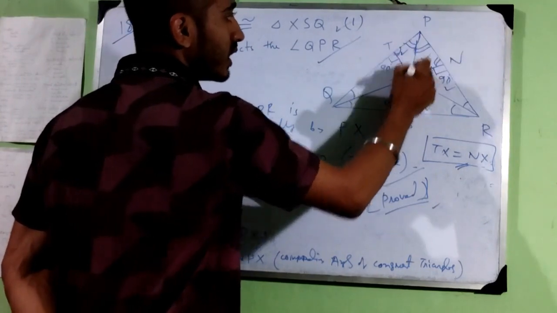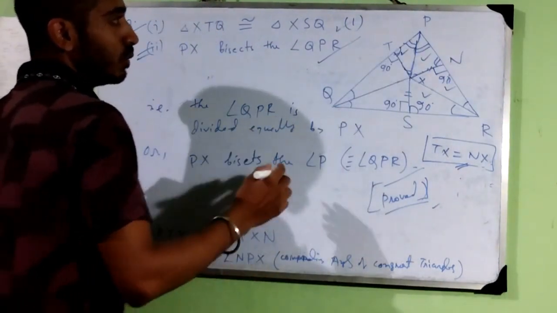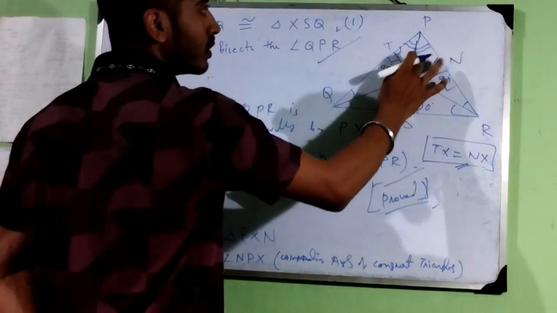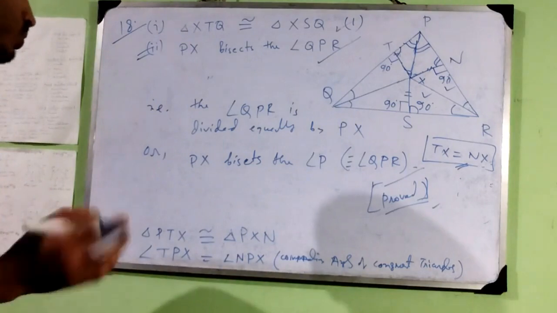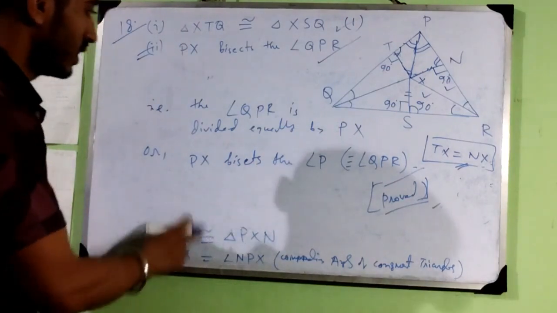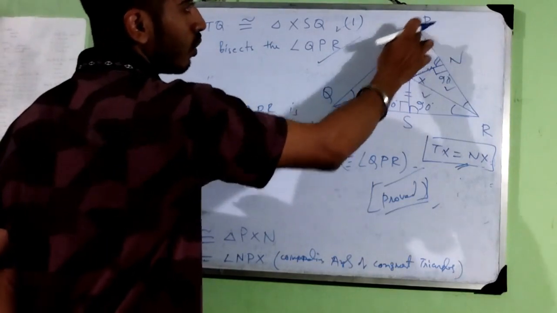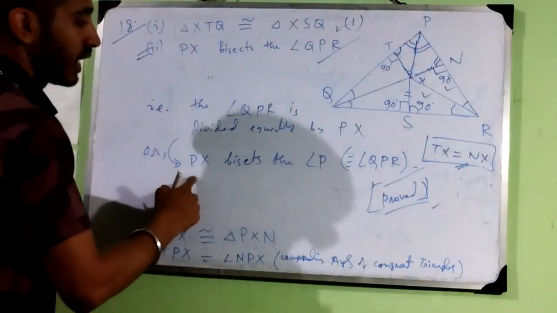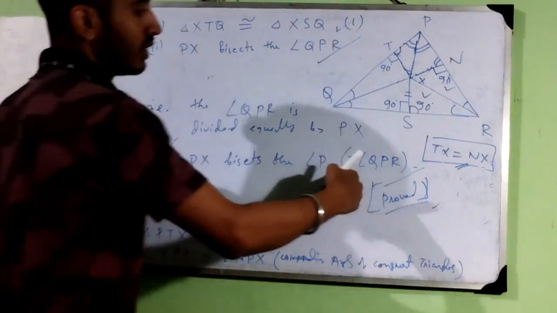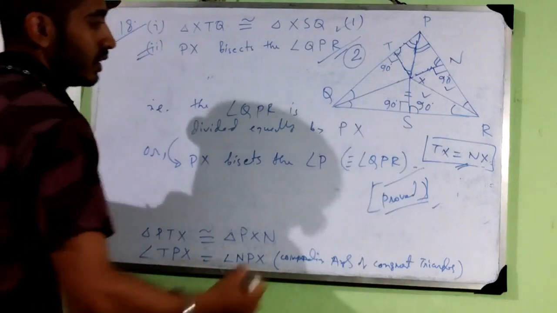Then you can write that the triangles are congruent, and from that you will be able to show that two angles are equal. And if you have done that, then you can write that the angle is bisected by PX. Actually, the whole angle is bisected by PX, and that means PX bisects the angle P. It proves the last part also, the second part.